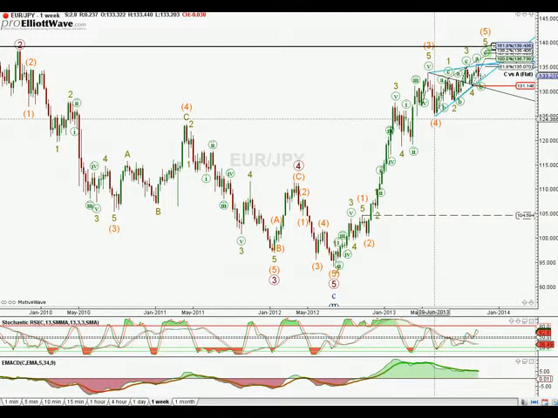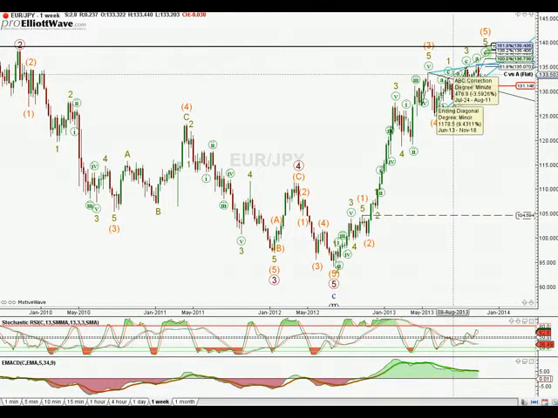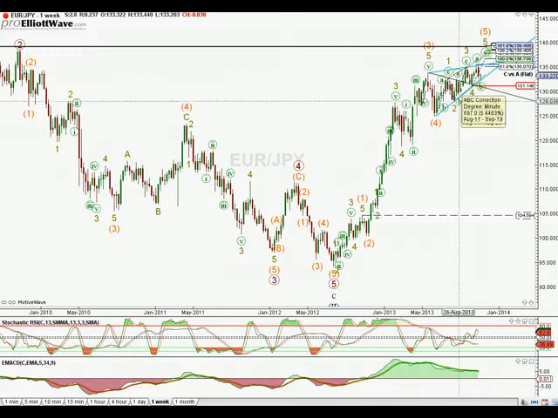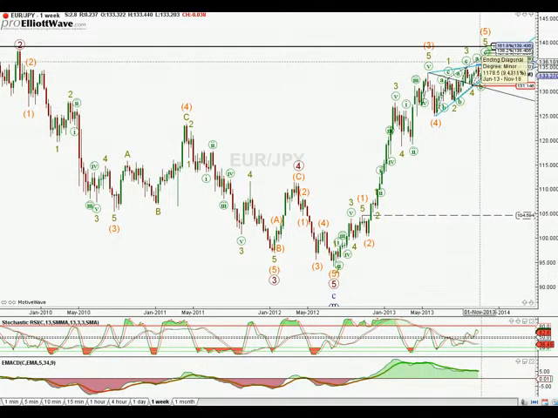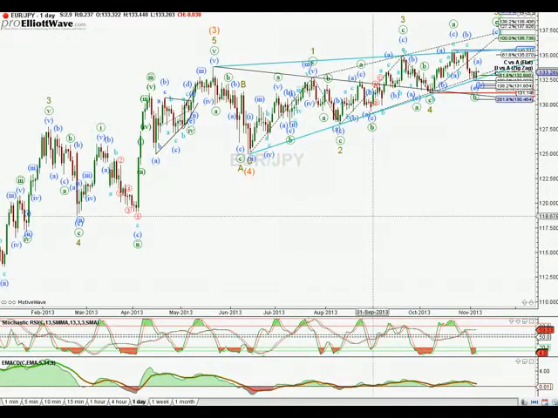I would like to add that the fifth wave, from what seems to be happening, is forming in an ending diagonal pattern that you see here as we zoom to a daily chart. So we can zoom in better and take a look at it.